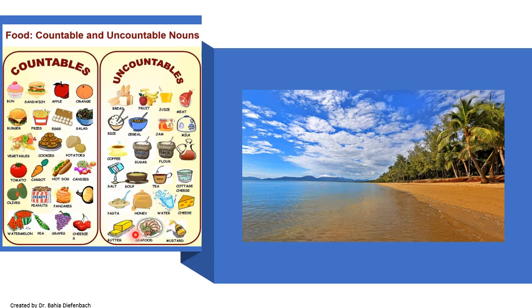Uncountable: butter, pasta, coffee, tea, flour, etc. Now I would like you to look at this picture here and find out from this picture what are the countable nouns and uncountable nouns.